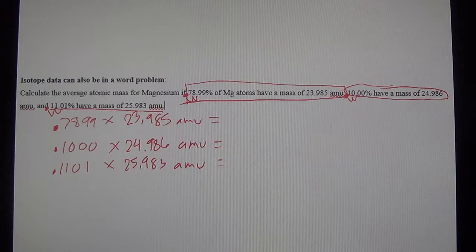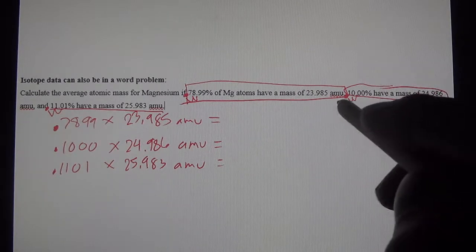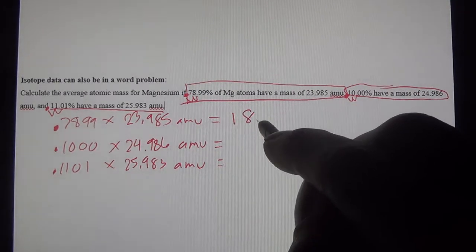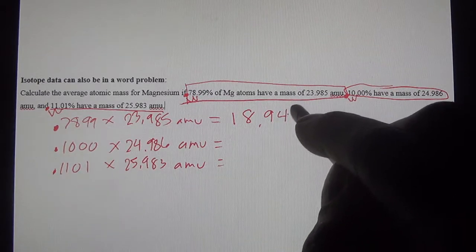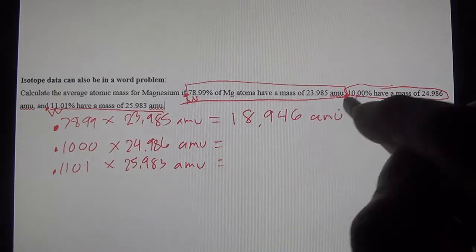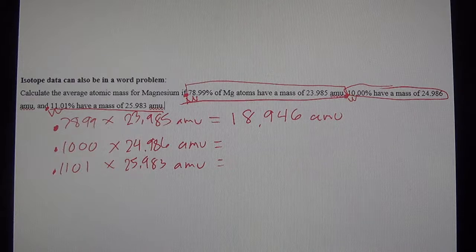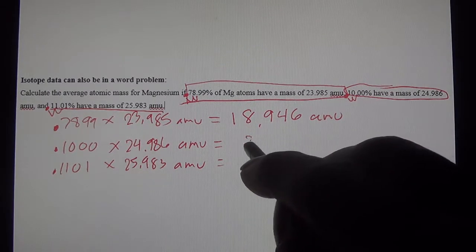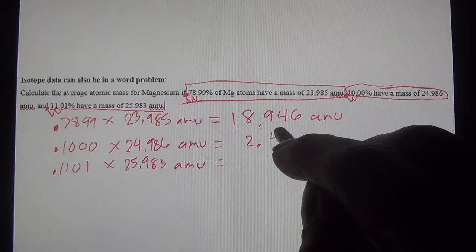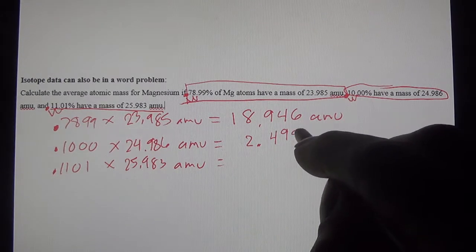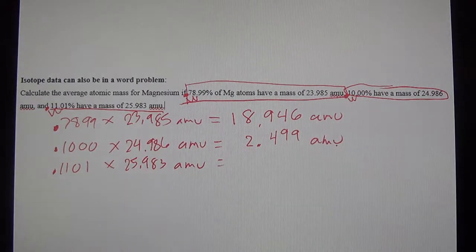0.7899 times 23.985. Let's go to the thousandths place. 18.946 AMUs. And 0.1000 times 24.986: 2.499 AMUs.